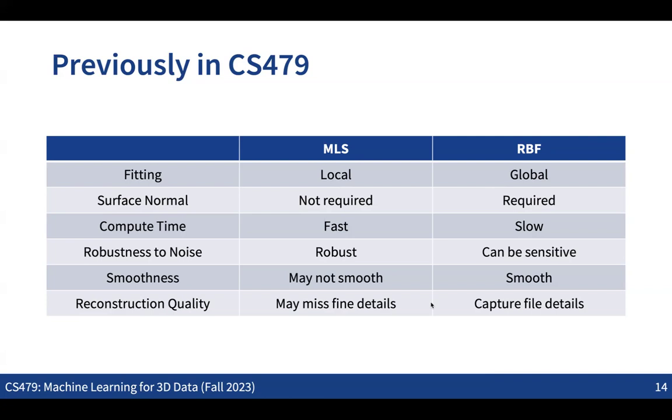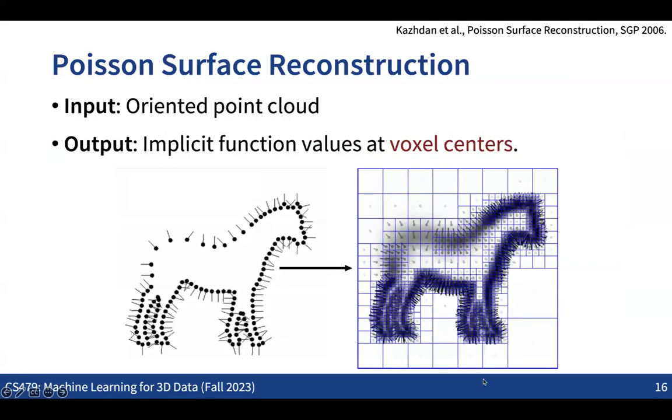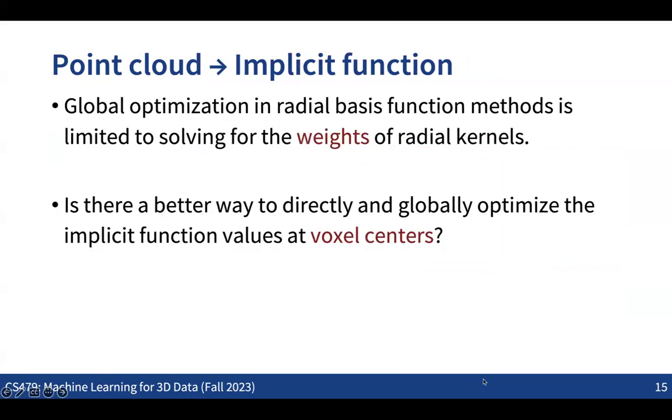But still, the global optimization of the basis function is limited to optimizing the weights for each of the radial kernels for each point. So it's not directly optimizing the function output values, but optimizing the parameters for the input function, which are the weights for each of the points.